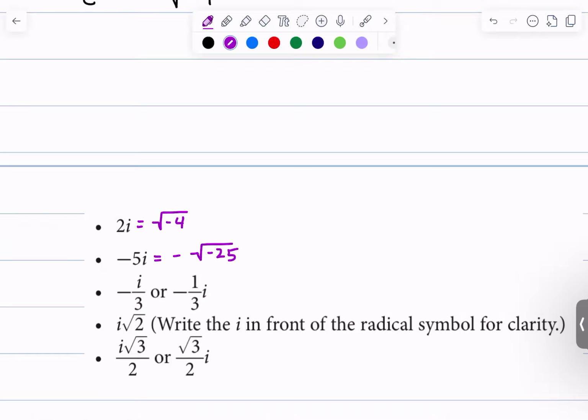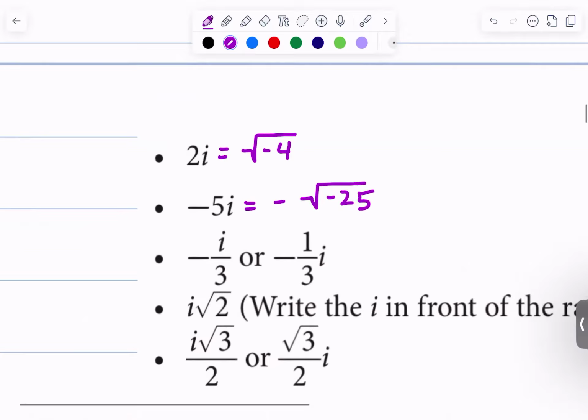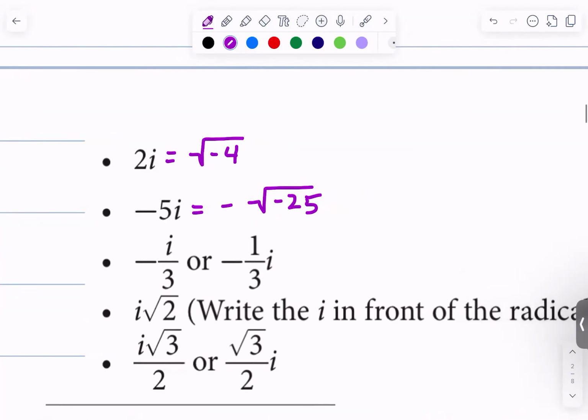Do we all see that? On how these two are equal? 2i equals square root of negative 4. Okay. And negative 5i equals negative square root of negative 25. Okay.